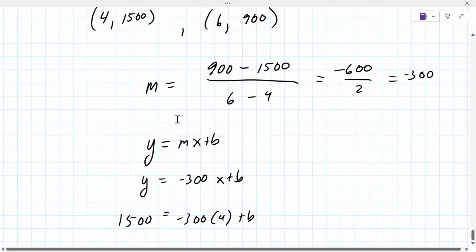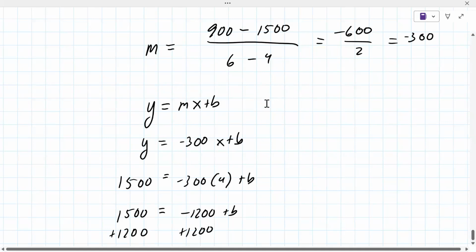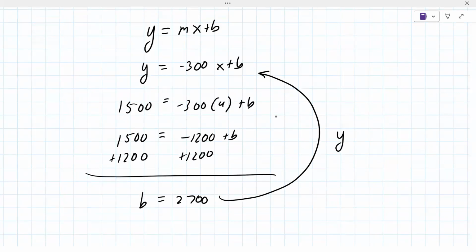So that's minus 1,200 plus b. Add 1,200 to both sides. b equals 2,700. So that goes back in here. So it's y equals minus 300x plus 2,700.